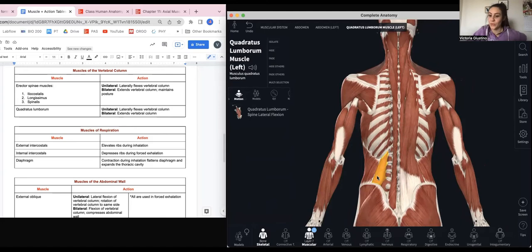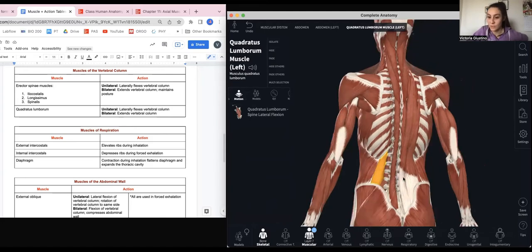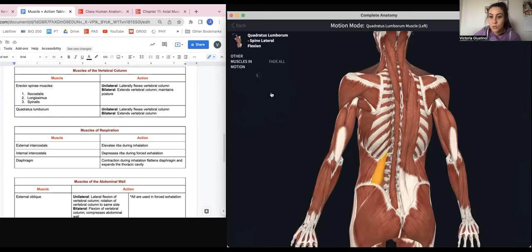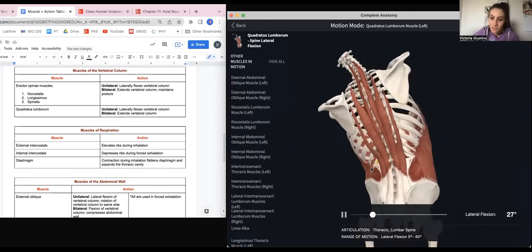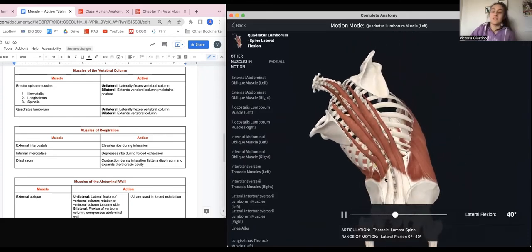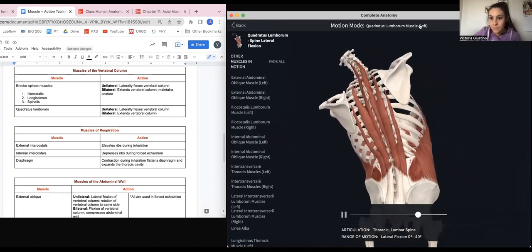They only have the unilateral contraction. So if both of your quadratus lumborum muscles contract, again, going from I to O, you're going to extend your spine. But if you only have one, so you have a unilateral contraction, it's just going to flex your spine to that same side again.